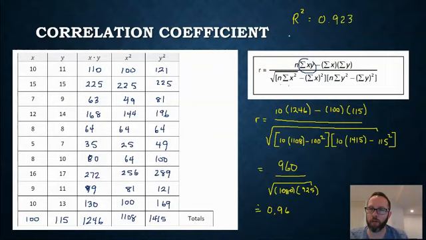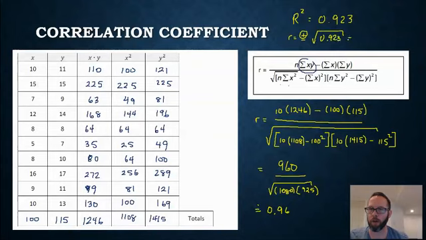So if you square root that, now here's the thing, correlations can be positive or negative depending on if your data goes up or down. But when you square a number, you always get a positive. So when you're finding the R value from the R squared value, you just have to be careful that you look at your data and say, well, is it increasing or decreasing? Our scatter plot said it was increasing. So R is going to be positive, the root of 0.923.